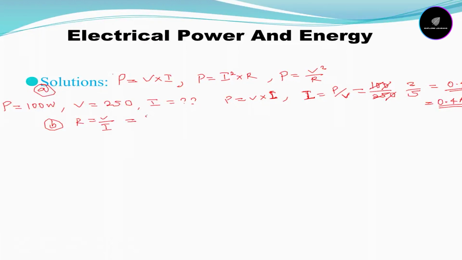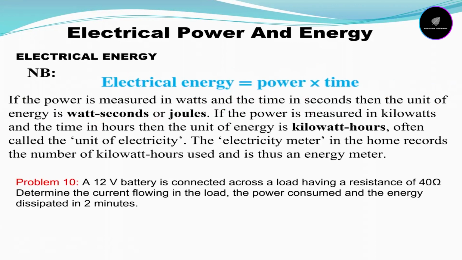In this video, I'm going to be taking you through the fundamentals of electrical quantities. The next concept I would like to talk about is the electrical energy. Now, the electrical energy is equal to power multiplied by time.